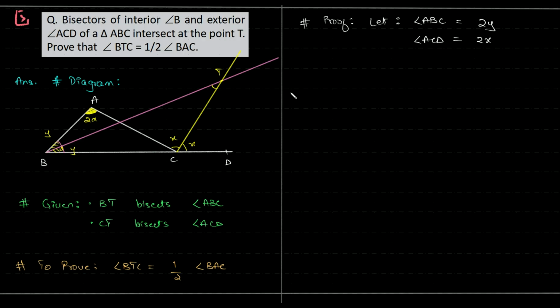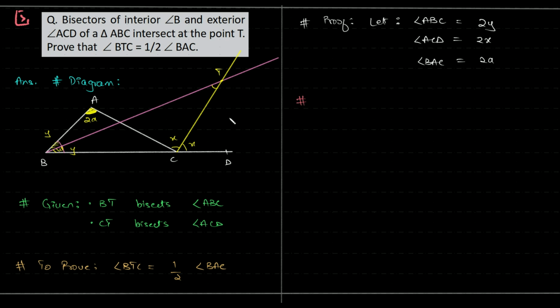Should we call this 2a? I'll just call it. Angle BAC is 2a. If it's useful, then good. If not, it's okay. Doesn't matter.